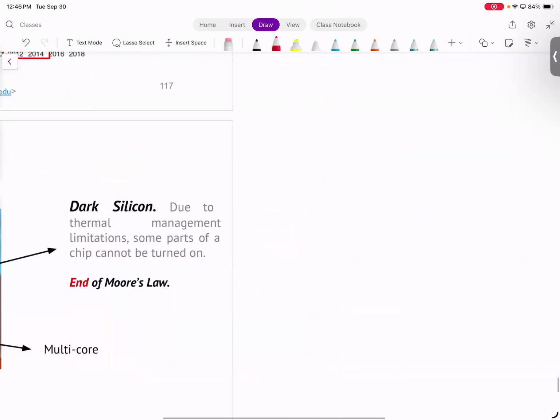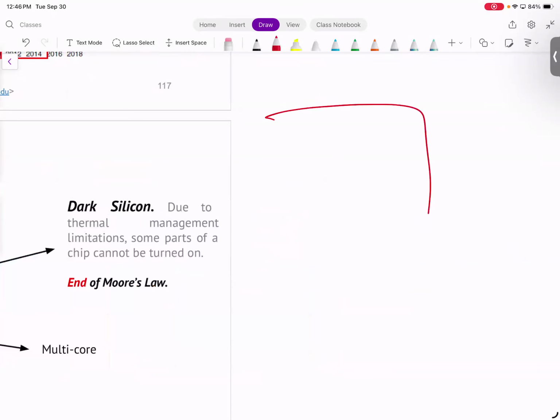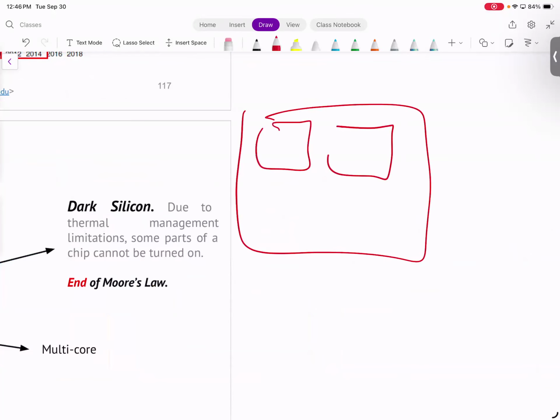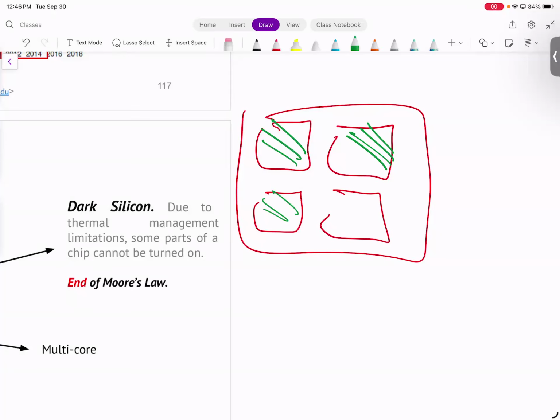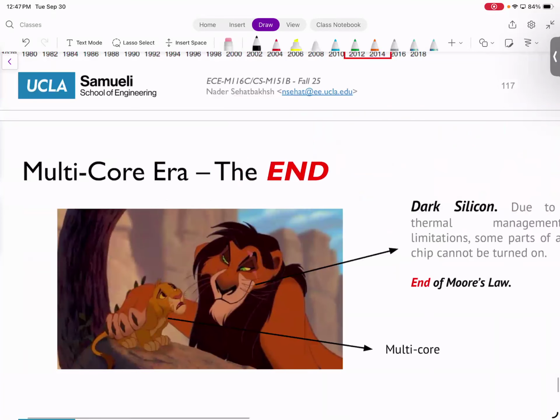There was a very interesting article showing that in a system with many cores, you can probably power this one, and this one, and this one, and maybe a portion of this, but this entire region here will not be powered on. It will be dark, which means that even if I add more cores, there's not going to be any benefit because I cannot power them on. That was another problem that we faced, known as the dark silicon problem.